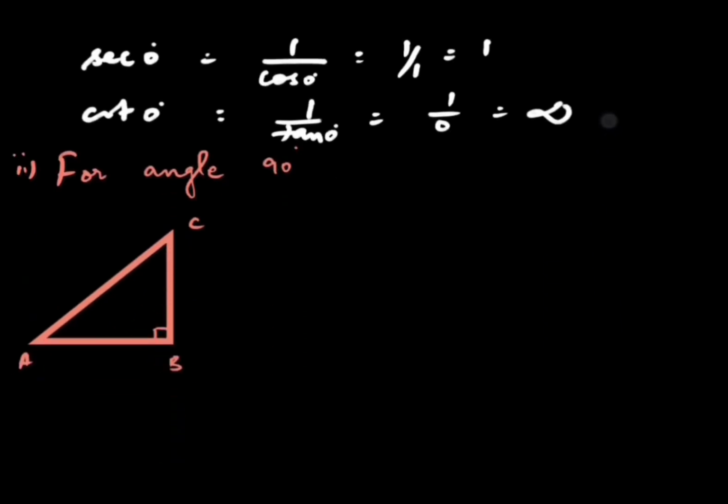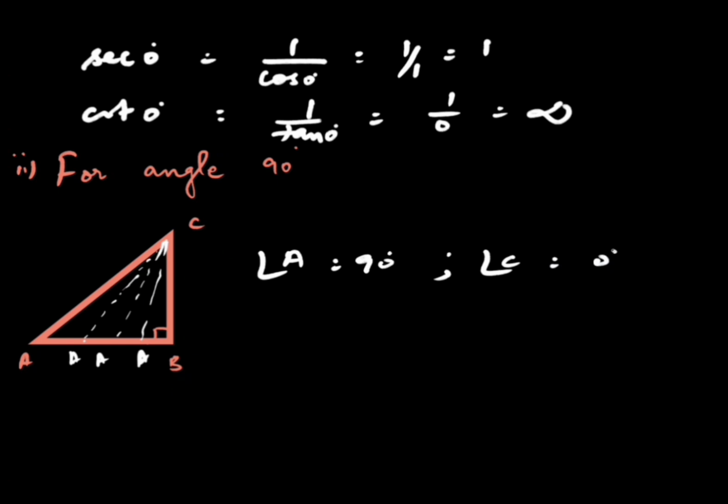Now, for angle 90 degree, we'll again consider a right angle triangle, right angled at B. Now, we will make angle A to 90 degree. This time, angle C becomes 0 and angle A becomes 90 degree. And we'll also find out that AB becomes 0, BC is equal to AC.